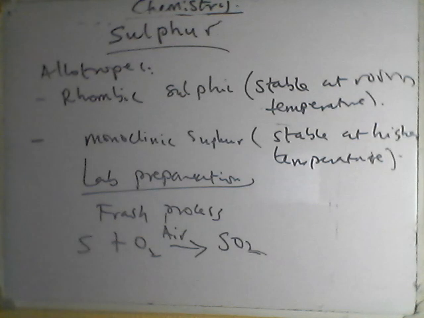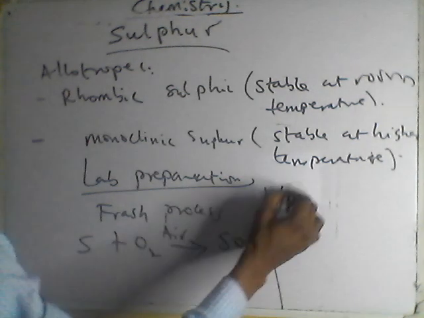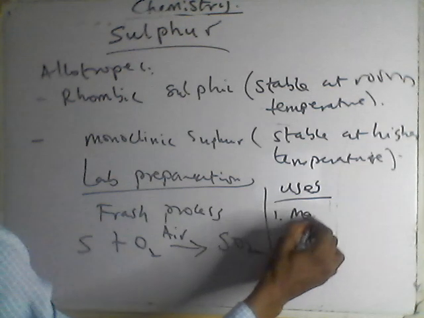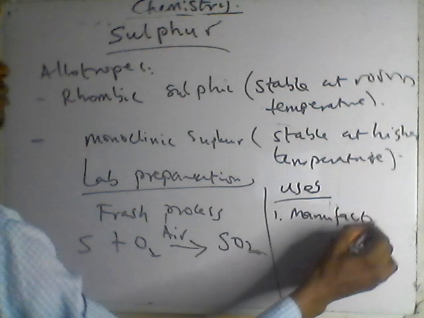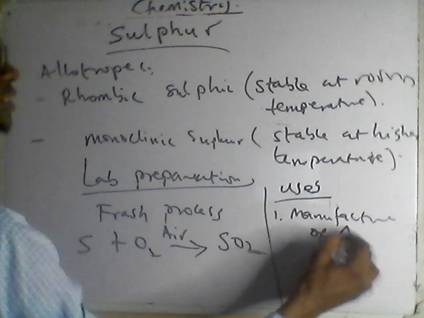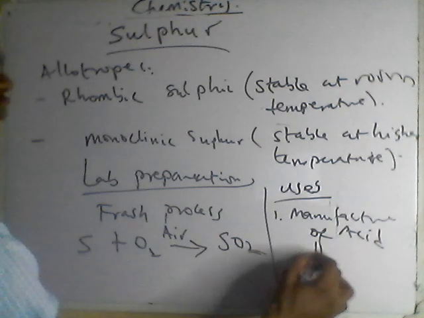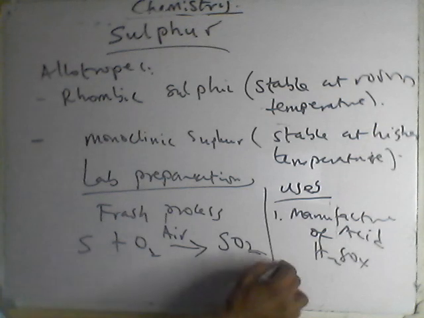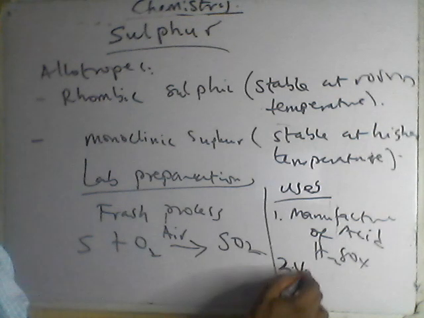So what are the uses of sulfur? Number 1, manufacture of acids, like sulfuric acid, H2SO4. Number 2, it is used for vulcanization of rubber.